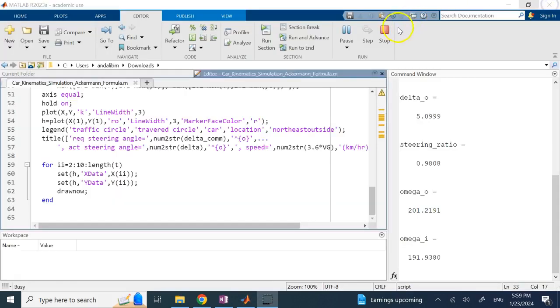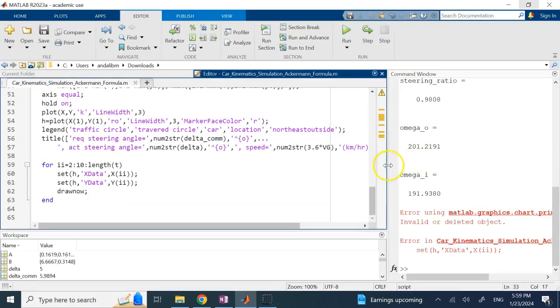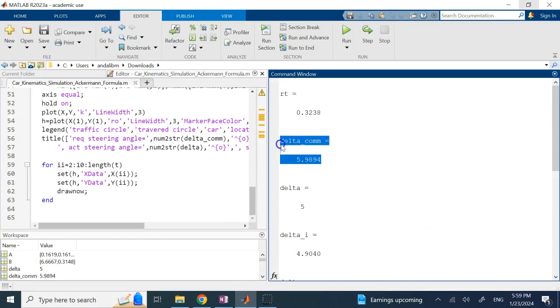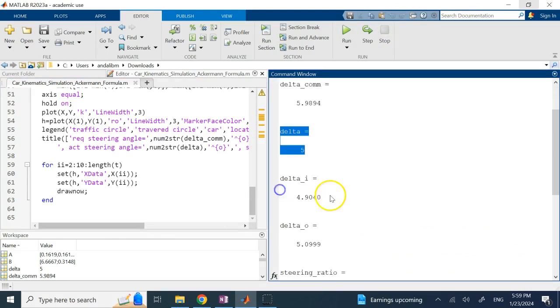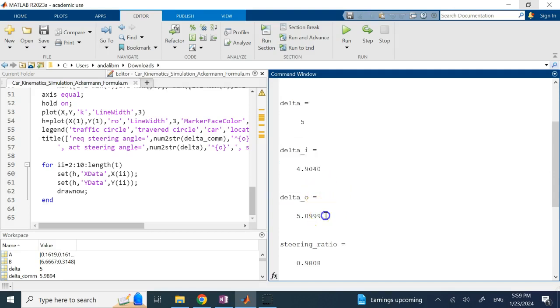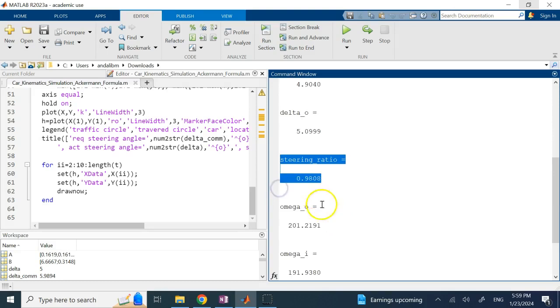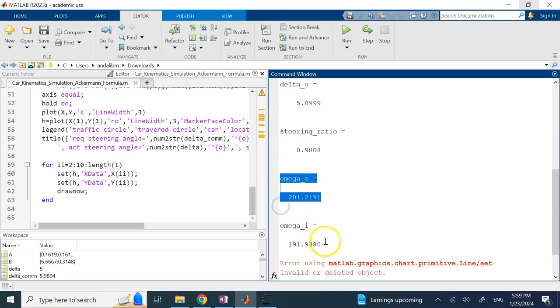Now I can go back here. By the way, all of the results of the code are shown here for you. You see? Here, this is what you really need. This is what you physically have. This is the inner wheel steering angle, the outer wheel steering angle, the steering ratio, as well as the required RPM for the outer and inner wheel.